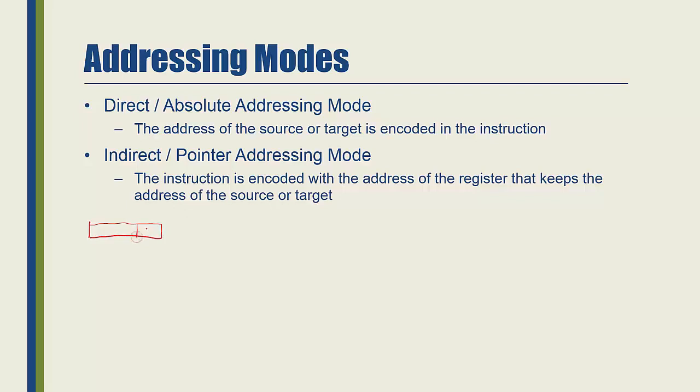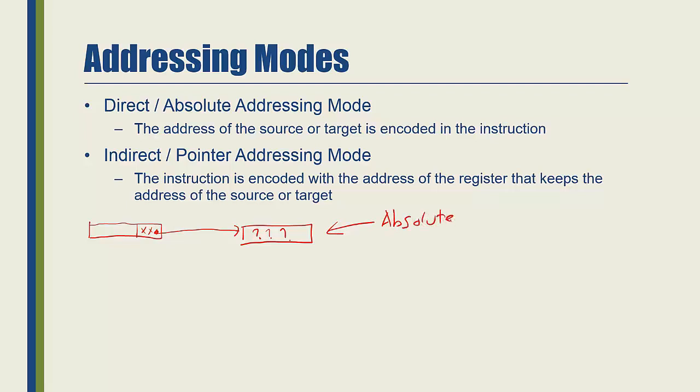There will be a few bits spare to give the address of either a register or memory location where we can find the value of our operand 1 or 2, or it might be the destination of our result. So in this case, the bits in the operand will point to this, to get the value that we want. This is absolute.